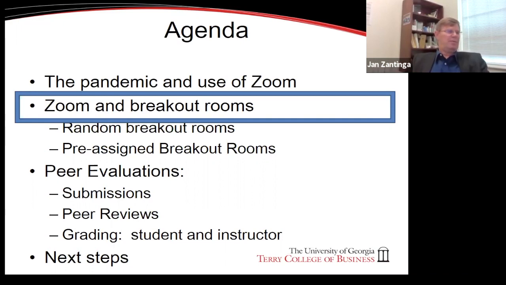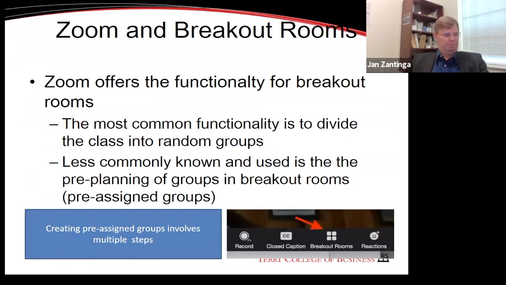So the next part then is to see what is the preparation that I need to do. As we talked about earlier, Zoom actually offers the functionality for breakout rooms. The more common functionality that I have noticed is to divide the class into random groups. This is actually fairly simple within Zoom, where you go onto the breakout room icon that you see here with a little red arrow.